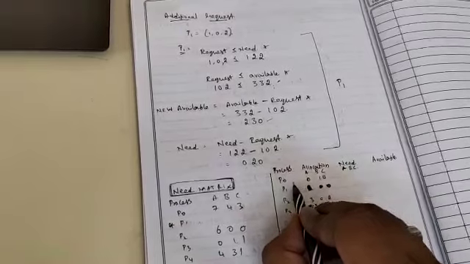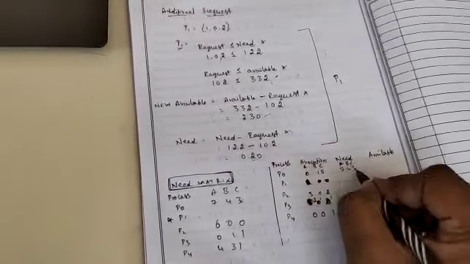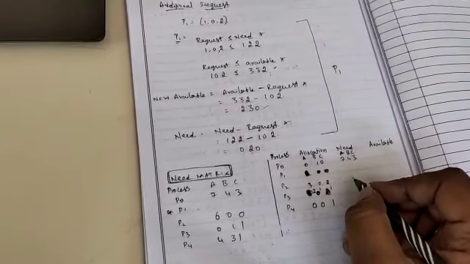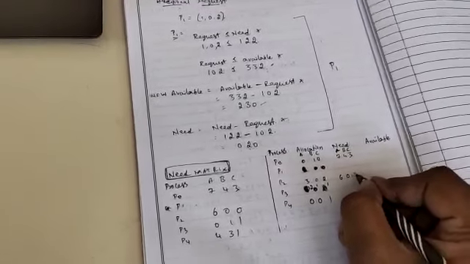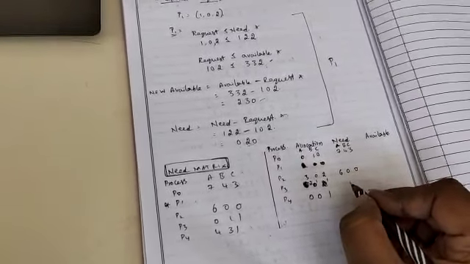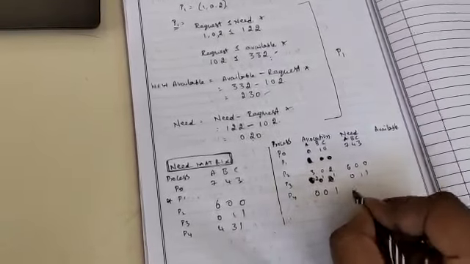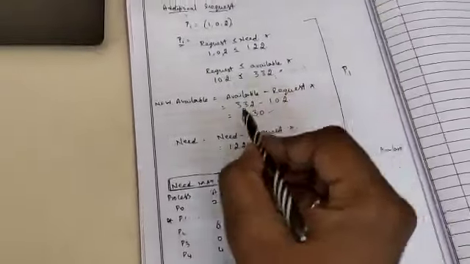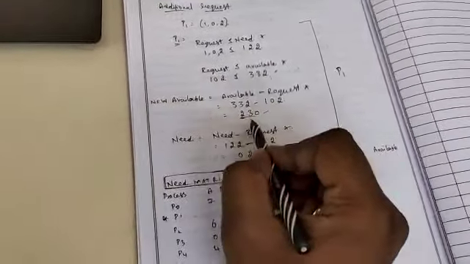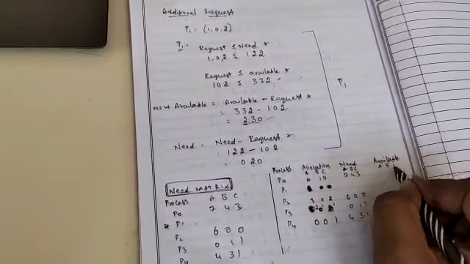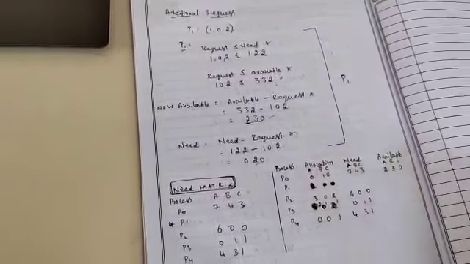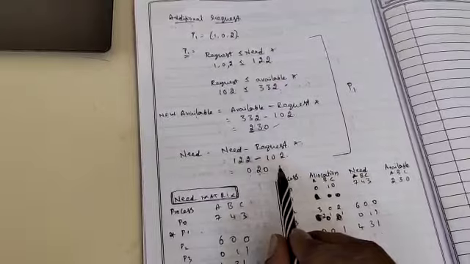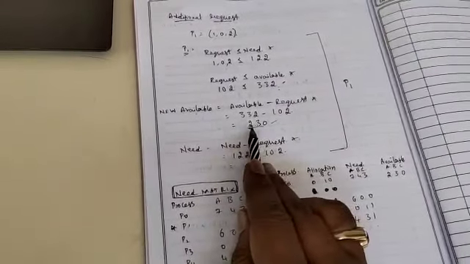The need of P0 is 743. As of now I am not writing P1. The need matrix for P2 is 600, for P3 it is 011, and for P4 it is 431. Available, also called work, is the new available, which is 230.